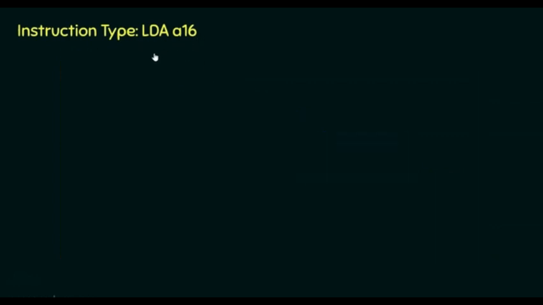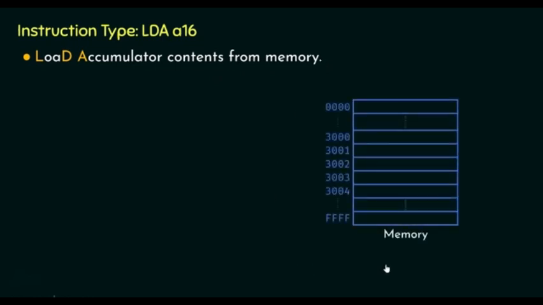Now, within the instruction, the mnemonic LDA stands for Load Accumulator Contents from Memory. Now, we know within the memory, there are 64K different locations, and in order to access all of the locations, the microprocessor has the address bus. Let's now decode the LDA a16 instruction.